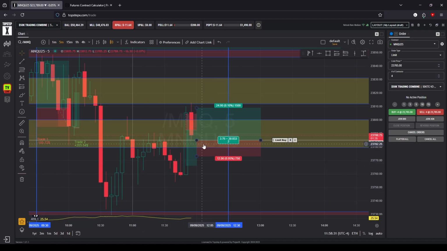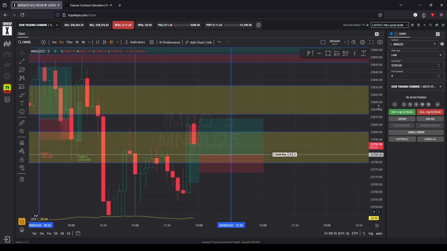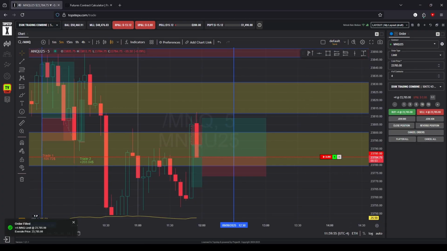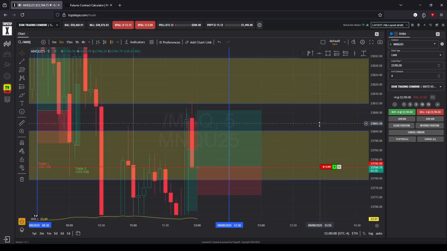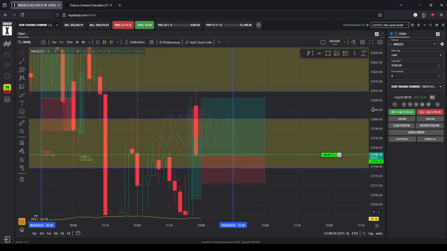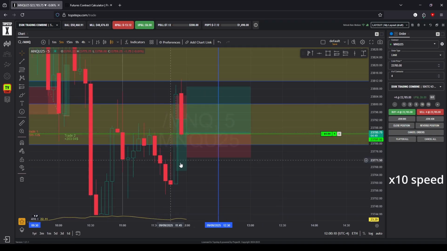I have my stop loss in these positions. I'm just gonna wait for this order to hit. All right, order just got filled. Let's see what kind of reactions we get here.